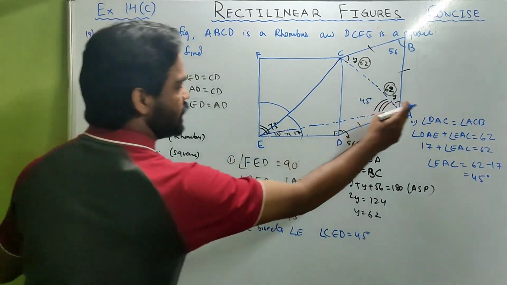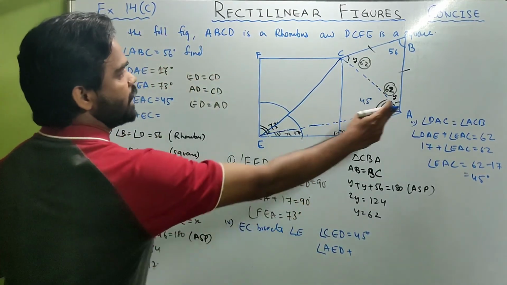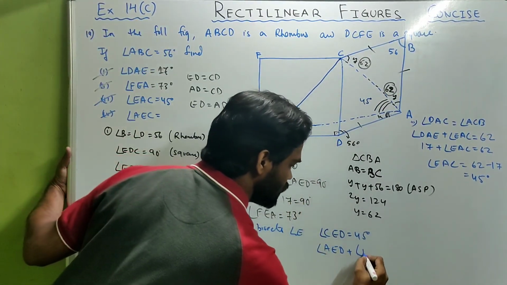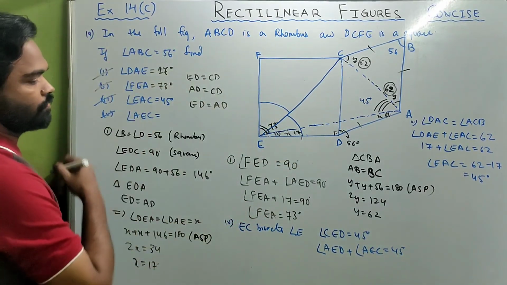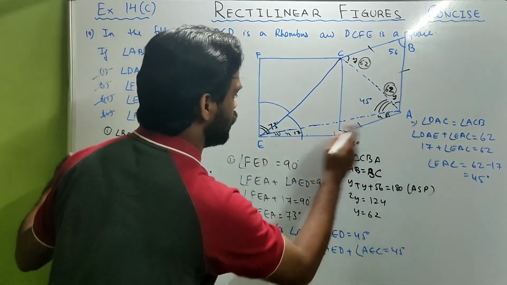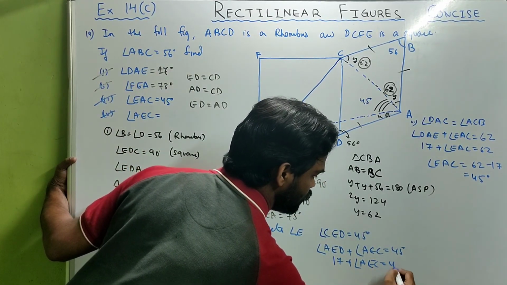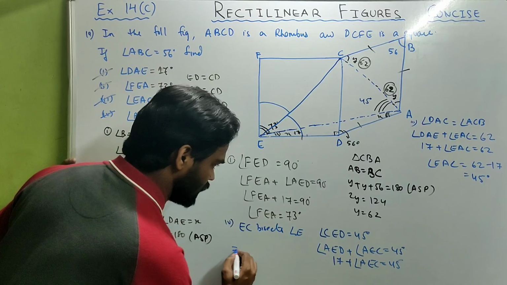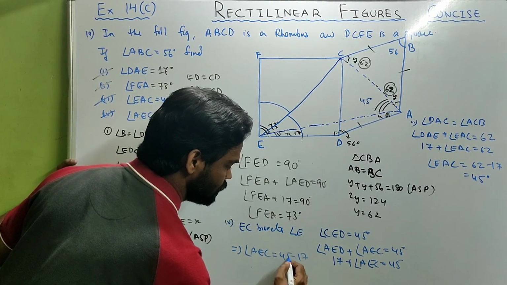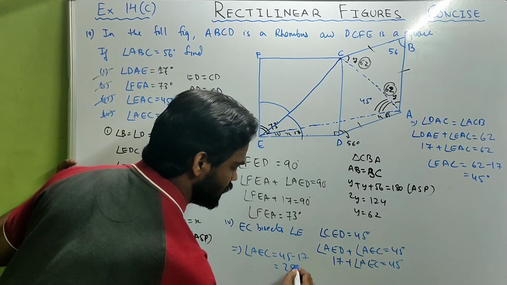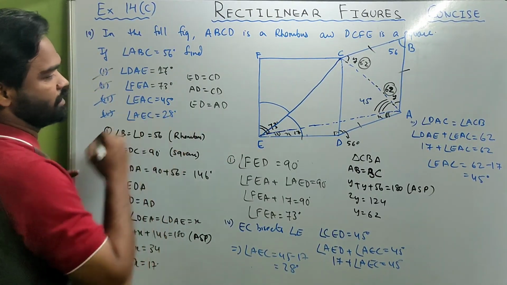Now CED I can write as AED plus AEC. AEC, they told us to find. So AED we already know is 17. So 17 plus angle AEC equals 45, which means angle AEC is 45 minus 17, that's 28 degrees.